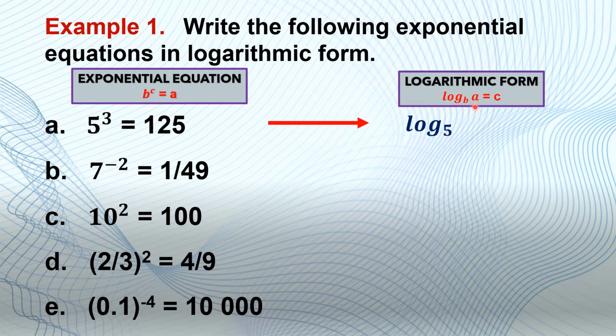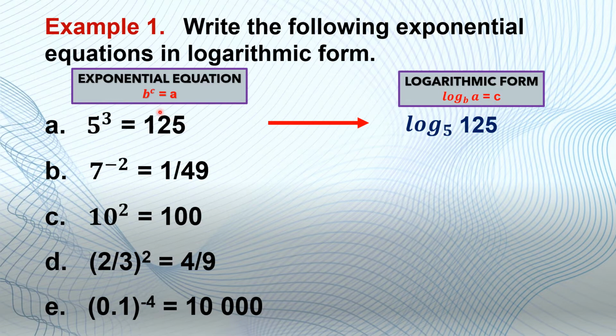A now, here is the answer in the exponential equation. And this answer is written beside the logarithm. So we have log of 125 to the base 5 equals c.